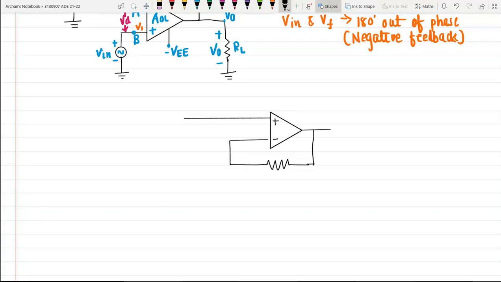Now let me connect R1 over here. This is the connection of R1 and it is grounded. R1, RF. And then we will have load resistance over here.